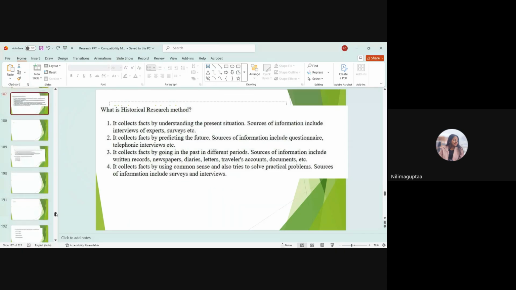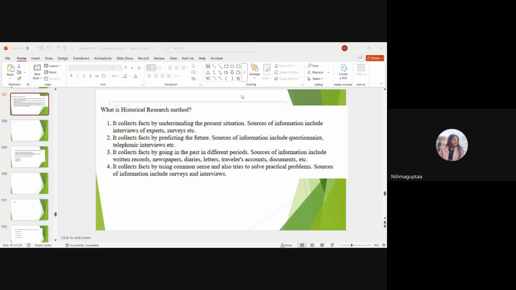What is historical research method? This we did on day one. Is it collecting facts by understanding the present situation, source of information including interviews of experts, surveys, etc.? Or the second option, it collects facts by predicting the future, sources of information including questionnaires, telephonic interviews, etc. Or it collects facts by going into the past in different periods, source of information being written records, newspaper diaries, documentaries, accounts, and documents, etc. Or it collects facts by using common sense.